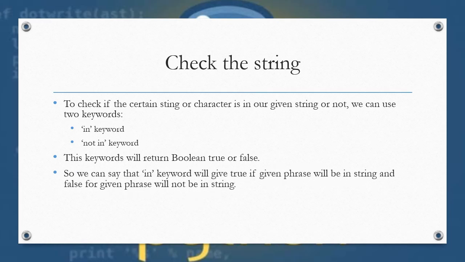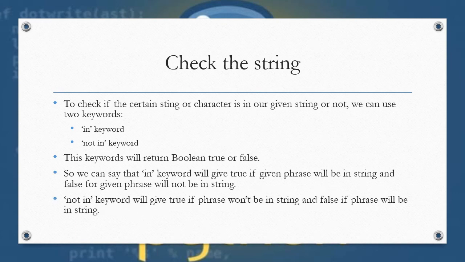The in keyword gives true if the given phrase, character or string is in the string, and false if it is not. The not in keyword is the opposite: it gives false if the string is found in the given string, and true if the phrase, character or string is not in the string.